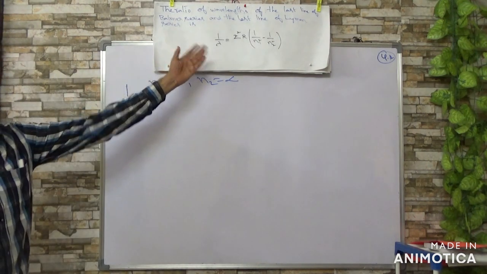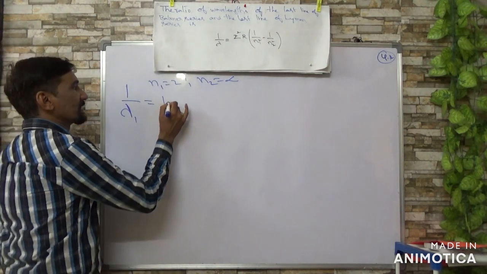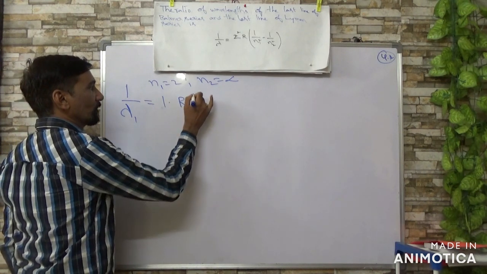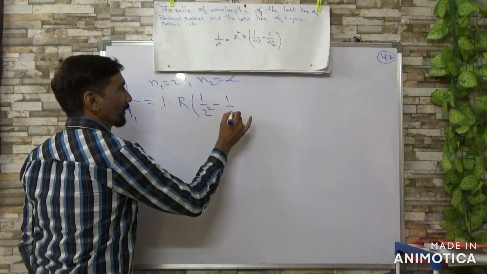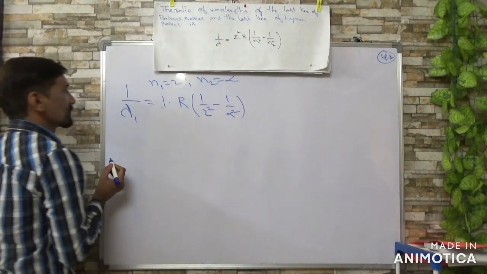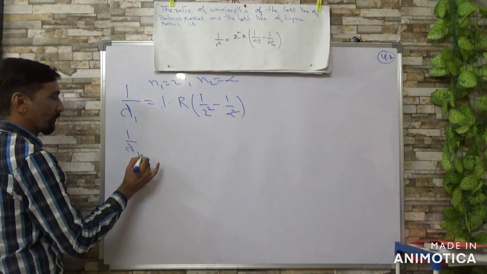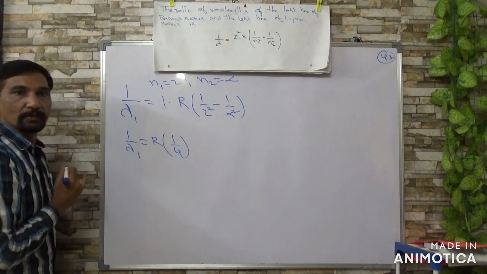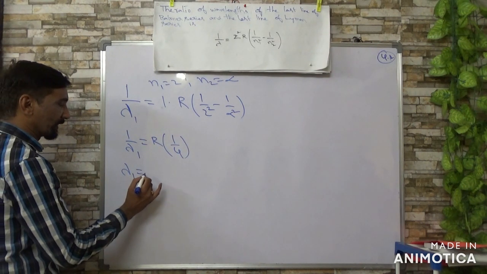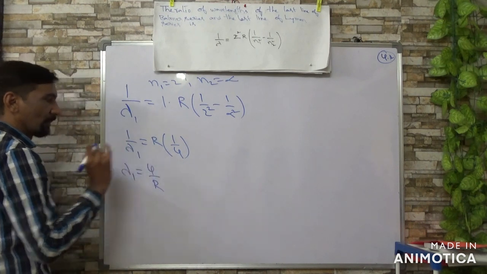For hydrogen spectrum, Z value is 1, into the Rydberg constant, 1 by 2 square minus 1 by infinity square. So 1 by lambda 1 is equal to the Rydberg constant into 1/4, so lambda 1 will become 4 by R.